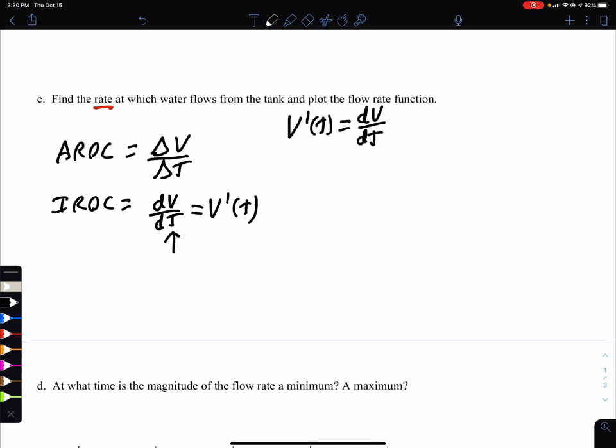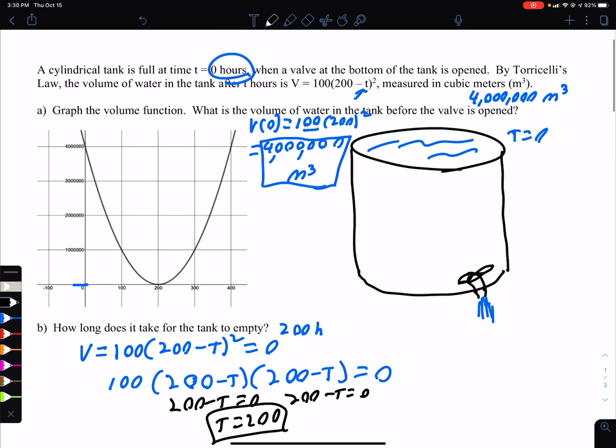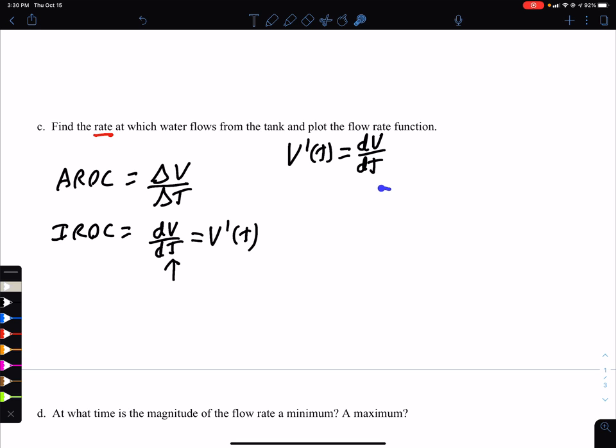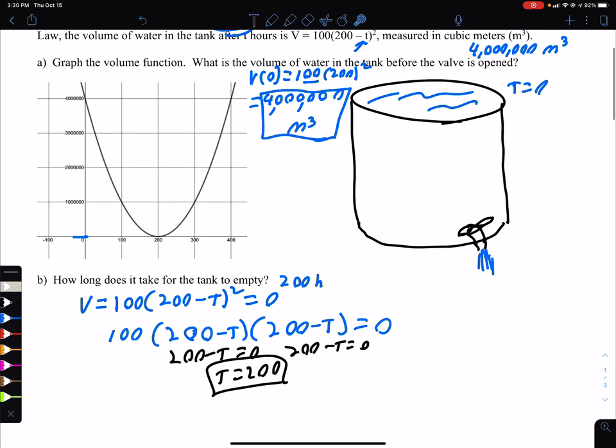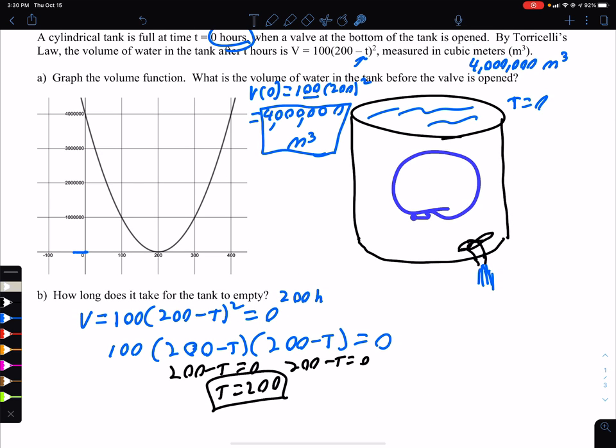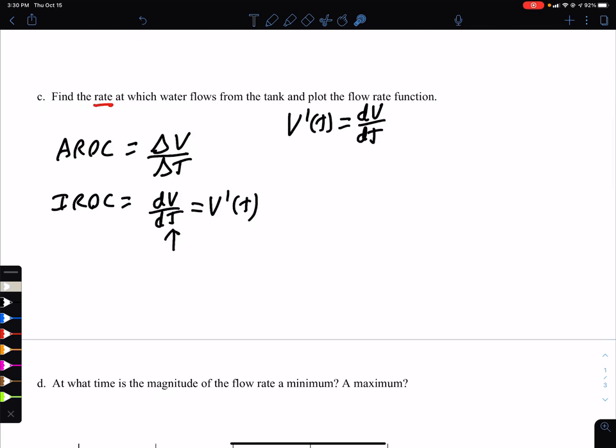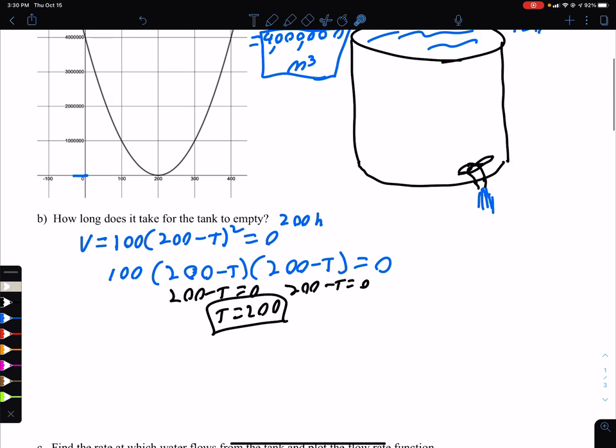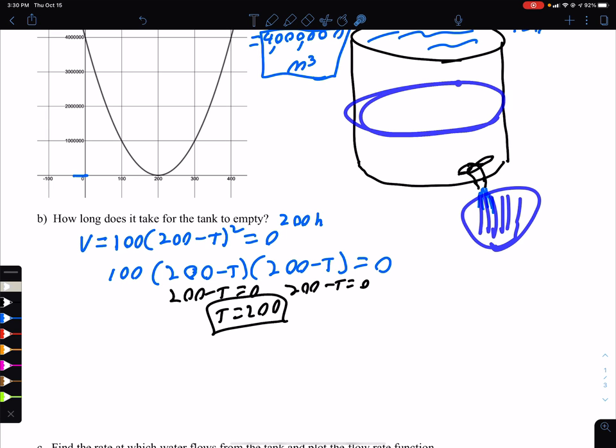Now, you might have another issue. If I find dV/dt, that's going to give me the change in volume of what? Of the tank. How fast the volume of the tank is changing. But they're asking about the water that flows from the tank. So here's the logic you have to have. If I know the volume of water flowing out, clearly that is the amount of water that's leaving the tank.